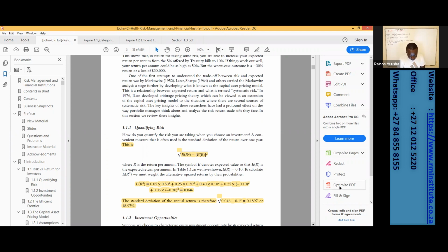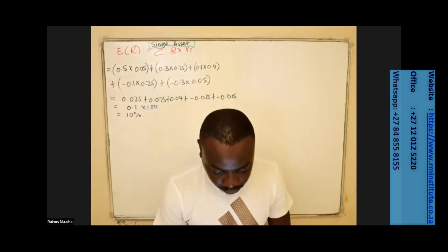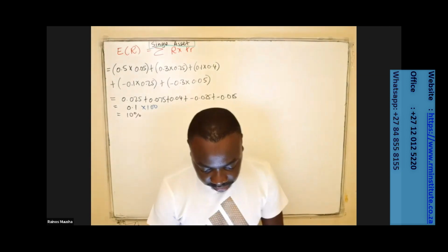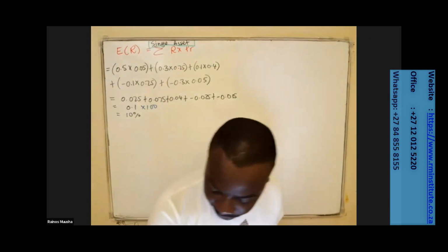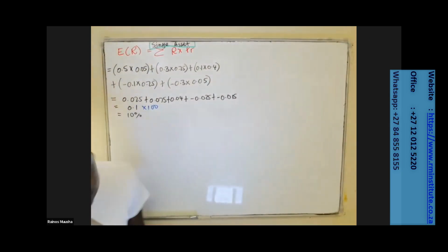When you're quantifying the risk of a single asset, the risk would be measured as the standard deviation of the returns of the asset.